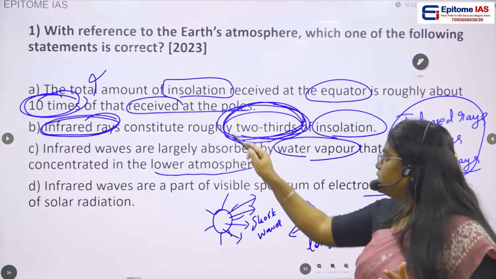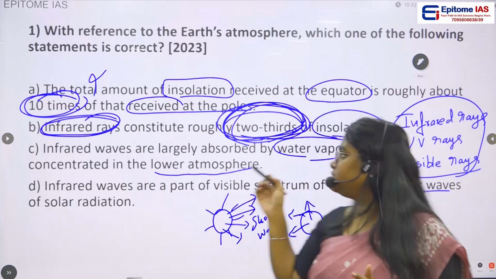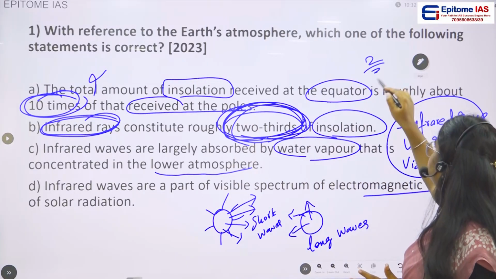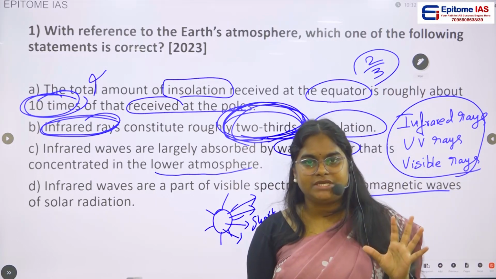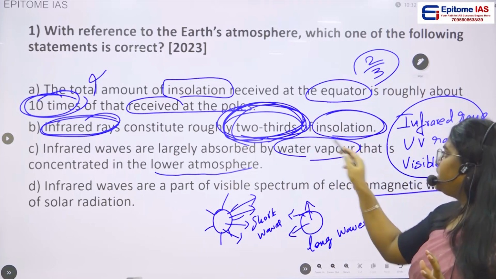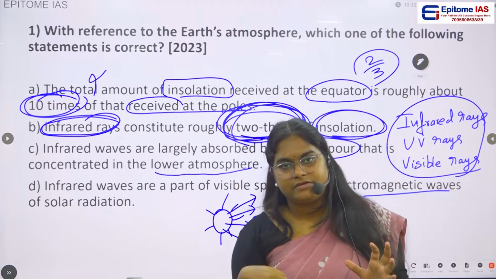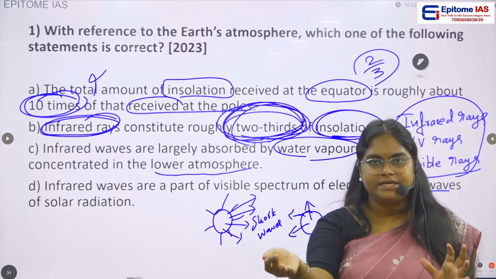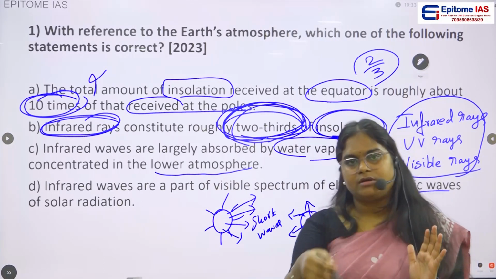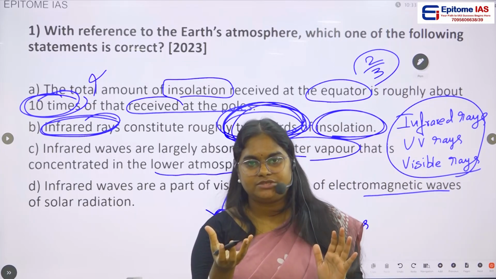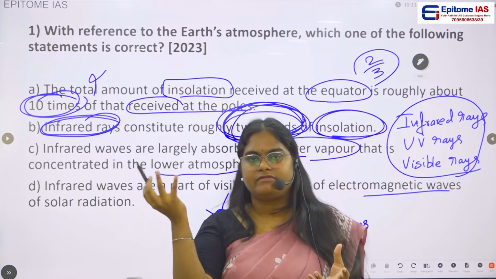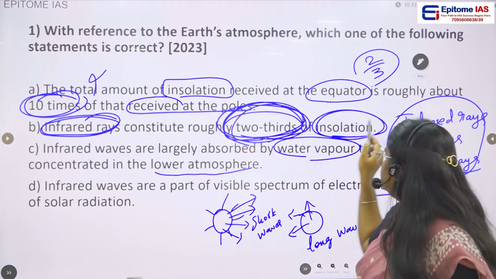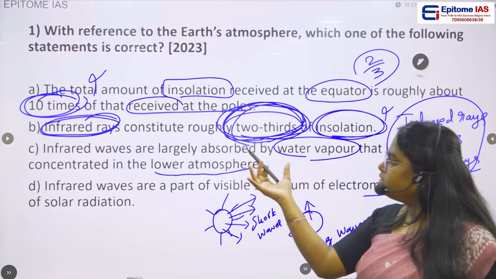They are saying two-thirds, which means it is one of the major constituents. But infrared rays are not the major constituent in the case of incoming solar radiation. If they were talking about the terrestrial radiation, then yes, the major constituent would be infrared rays, because they are long waves. But so this statement is a wrong statement.